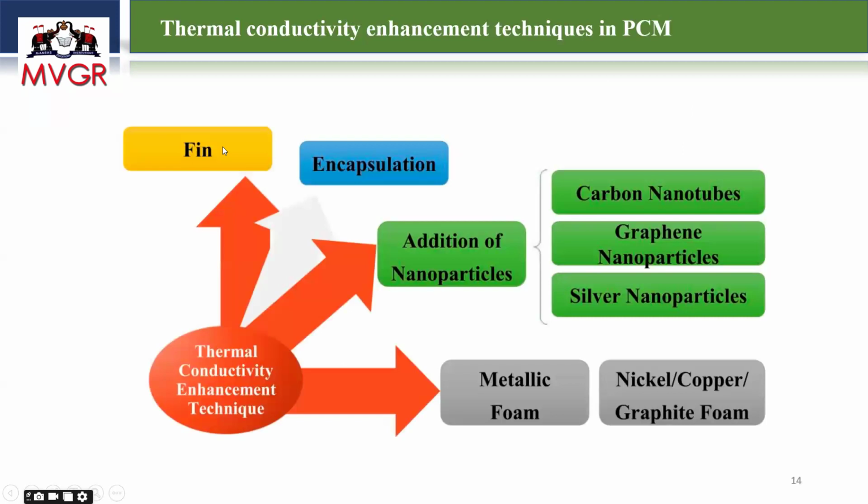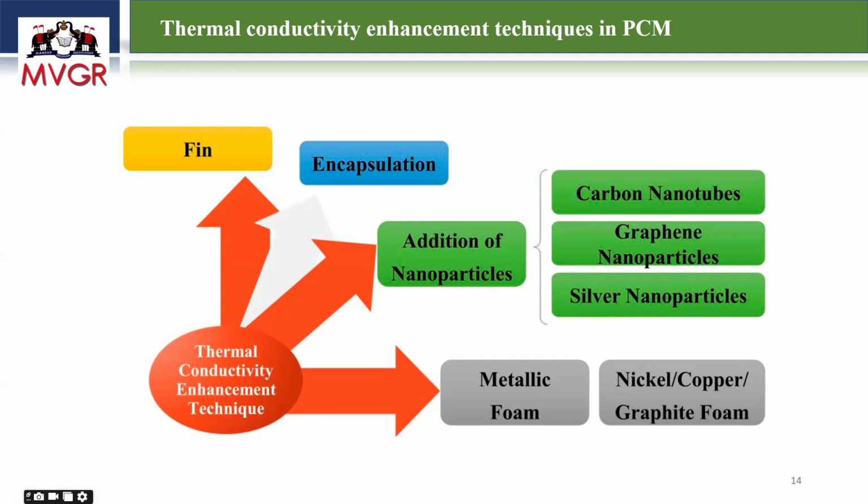Now coming to phase change materials, the main limitations were leakage and lower thermal conductivity. These are the major problems. Mostly in latent heat thermal energy storage systems, we use solid to liquid phase change material. So the solid will be converted into liquid phase, and when it is converted to liquid phase, it will leak out.